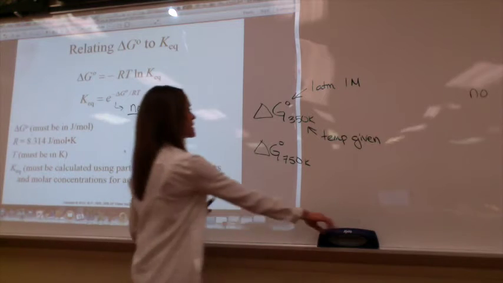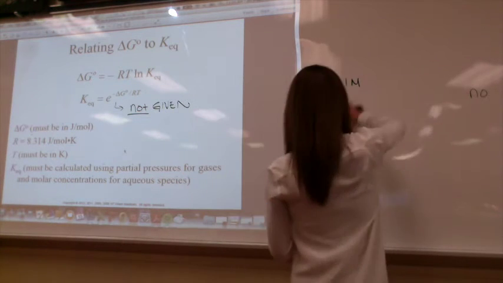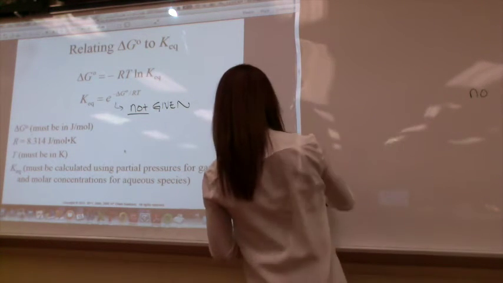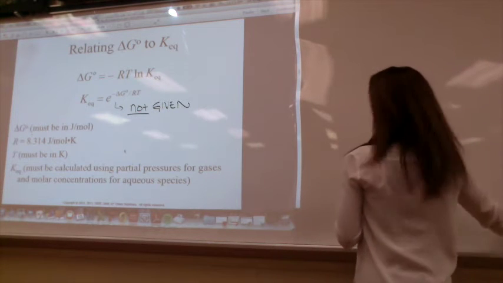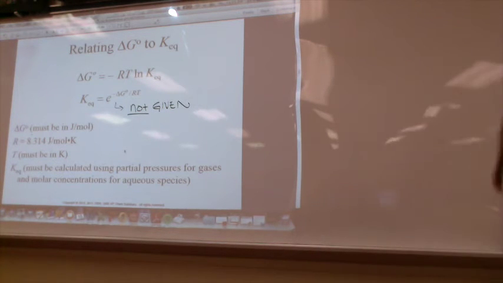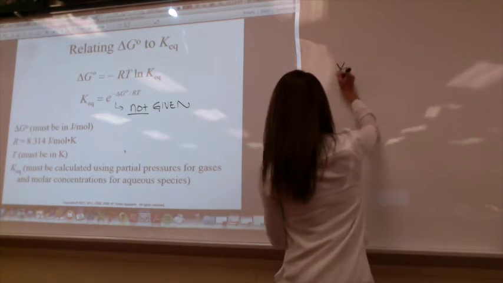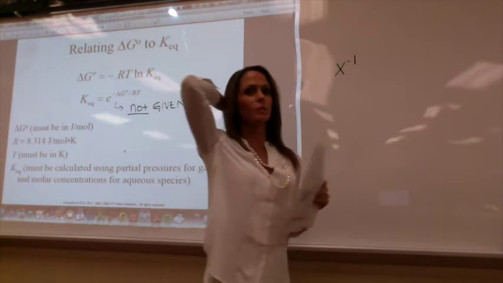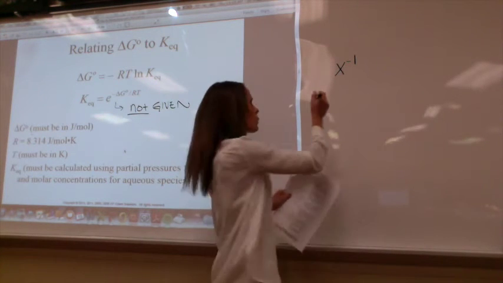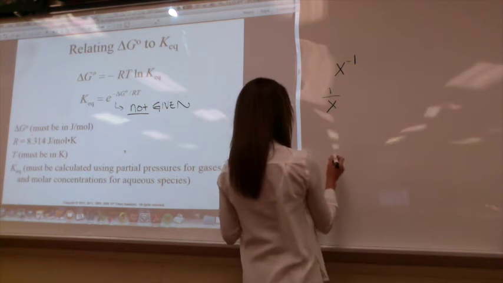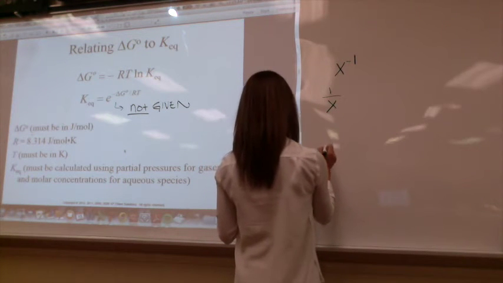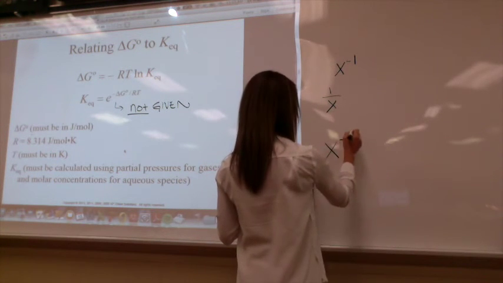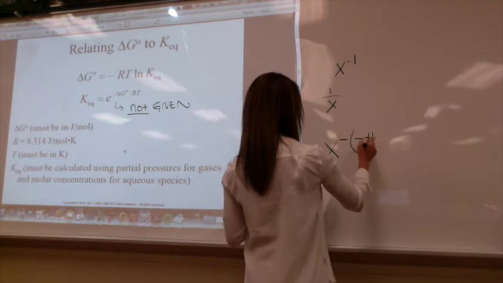So let's go over some basic concepts that you know already from math class, but I have to remind you. So if I have, let's say, x to the negative 1, what does that actually mean? 1 over x. Okay, 1 over x. What if I have x to a negative number?